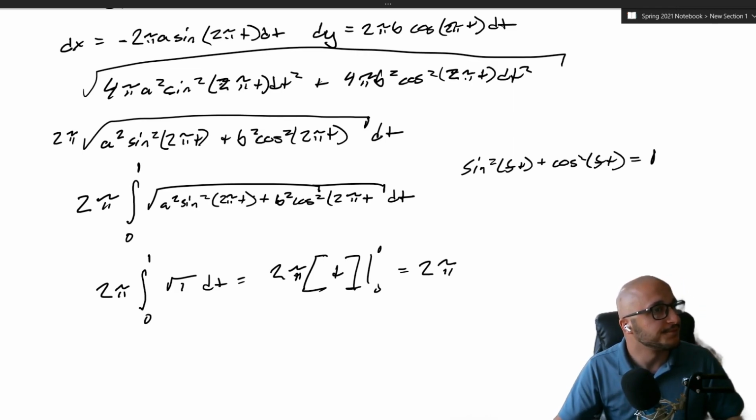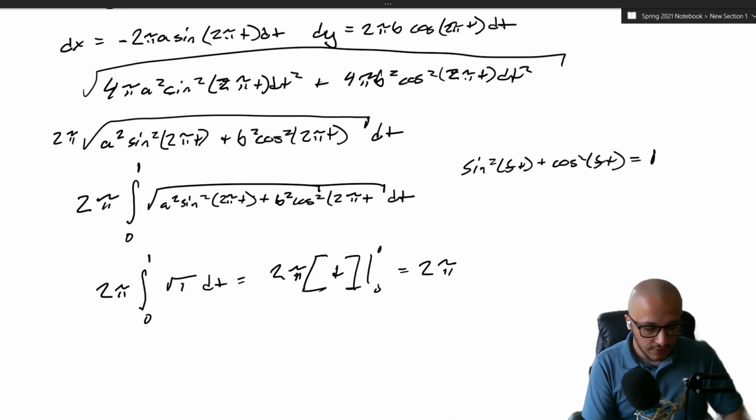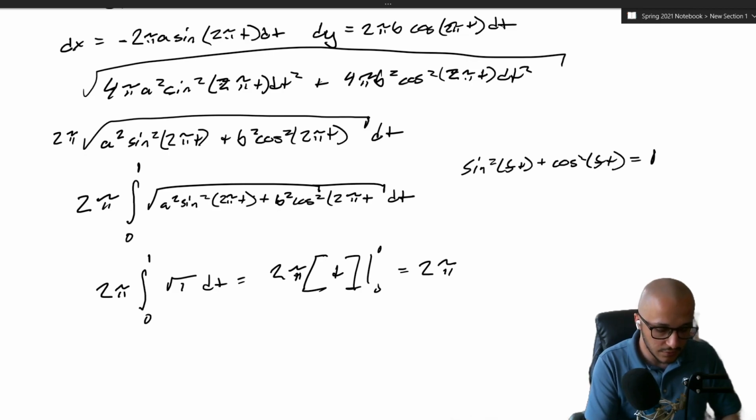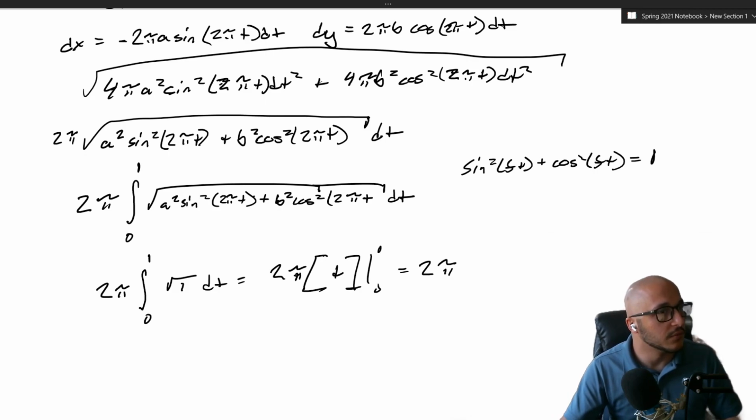Wolfram, square root of a squared times sine squared 2 times pi times t plus b squared times cosine squared 2 times pi times t, and you integrate that from 0 to 1.